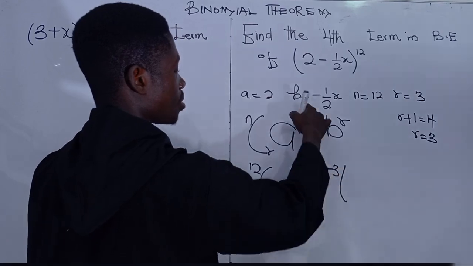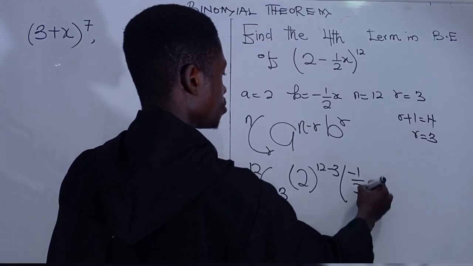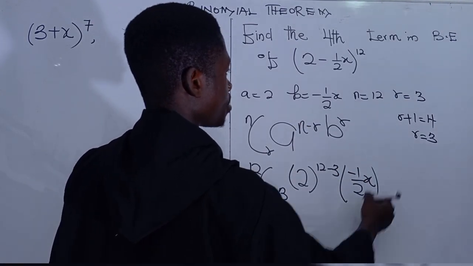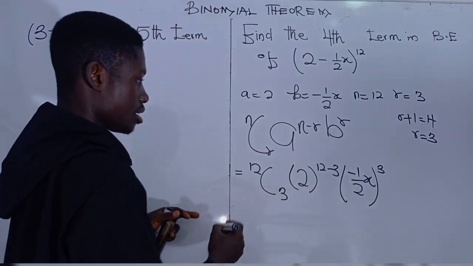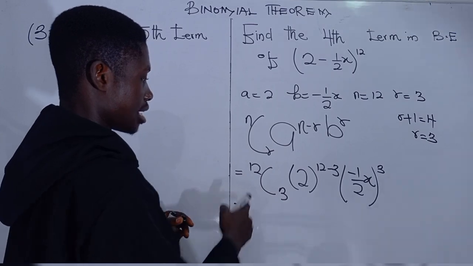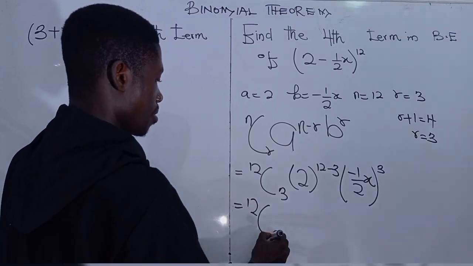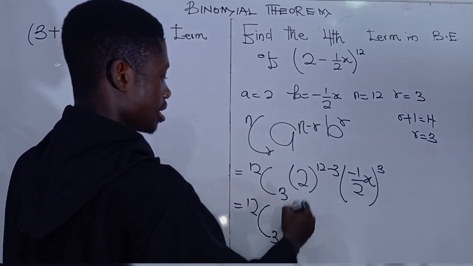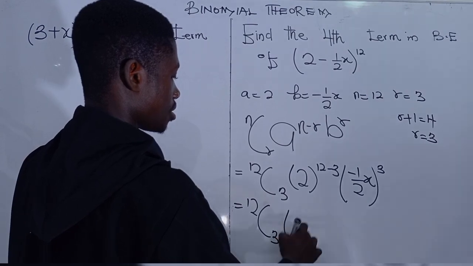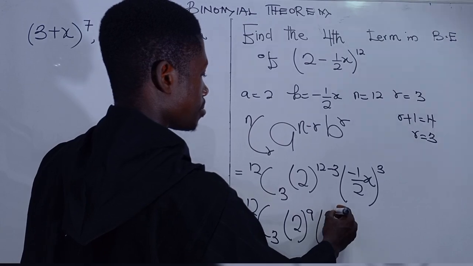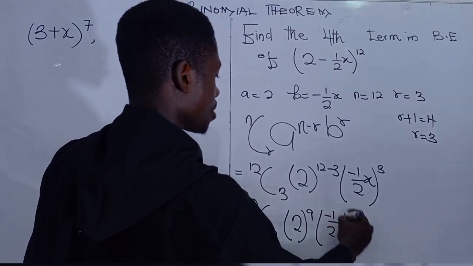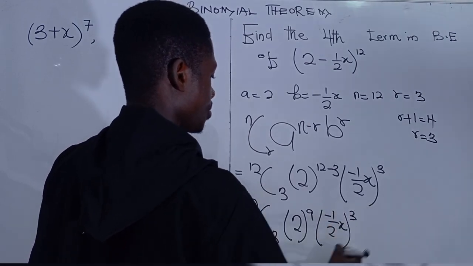We have our b to be minus 1 over 2x, all raised to the power r, our r is 3. Let's do some algebra here. So we have 12 combination 3, and then we have 2 raised to the power 9 multiplying minus 1 over 2x, all raised to the power 3.